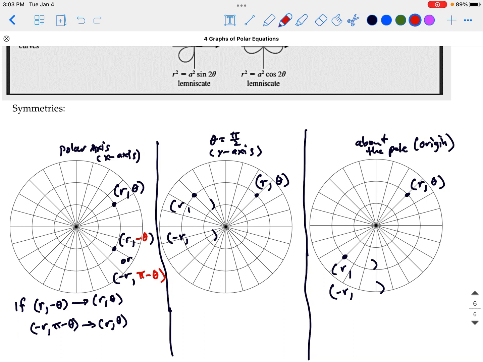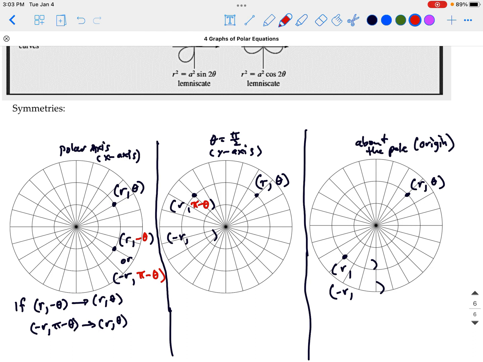So for theta equals pi over 2, we'll do the same thing. We'll note that for positive r here, if I rotate to theta, that's going to be the original location, and then the symmetric point is just going to be pi minus theta with positive r as well. So again, we get that pi minus theta angle measure.